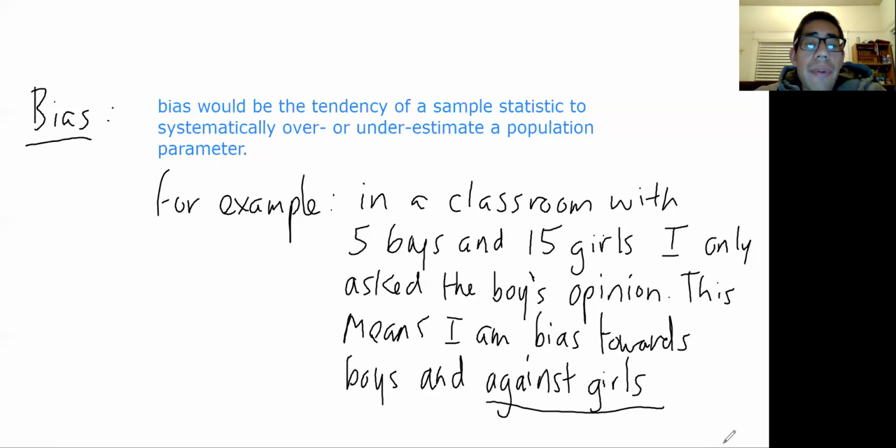So this is just an example. If I'm only taking into account the opinions of 5 boys in the class, and 15 of them are girls, that means I have a serious bias against girls, and that's bad.